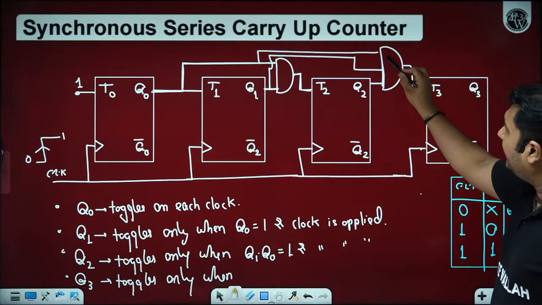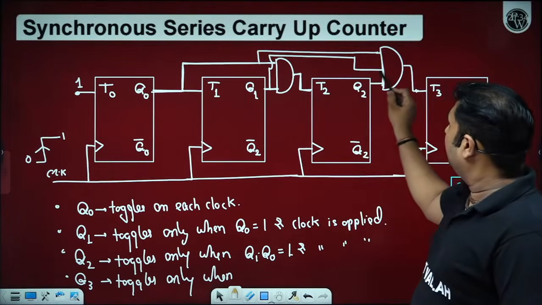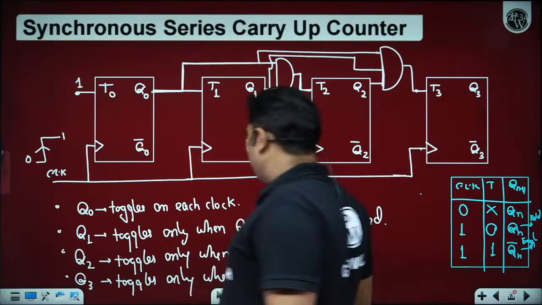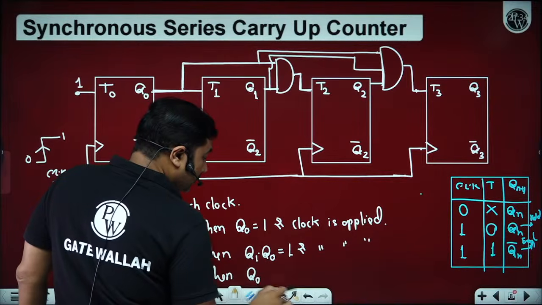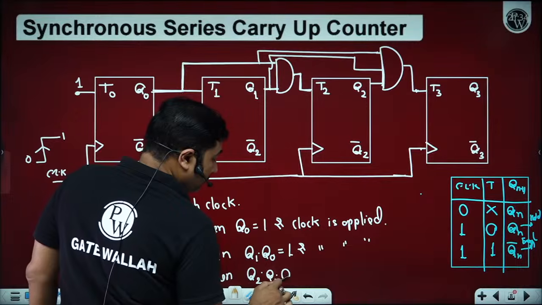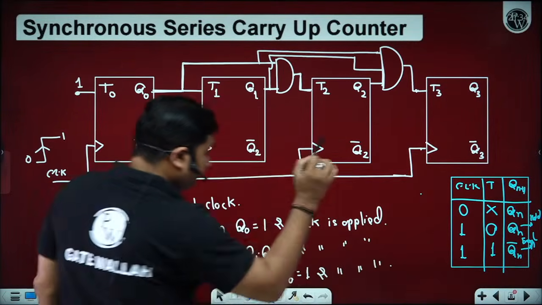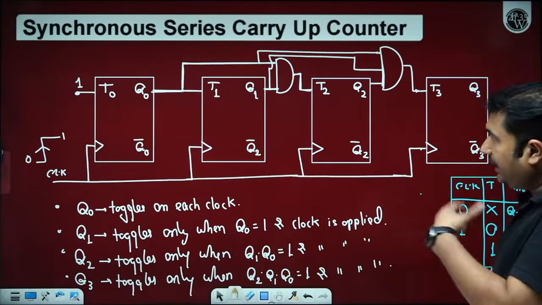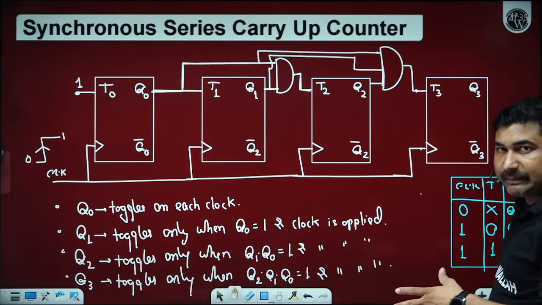T3 is high when Q0 is high, Q1 is high and Q2 is high, the AND operation of Q0, Q1 and Q2, and a clock is applied. How many of you are able to understand the way we can opt for the observation of the circuit? Is it okay? Yes sir.